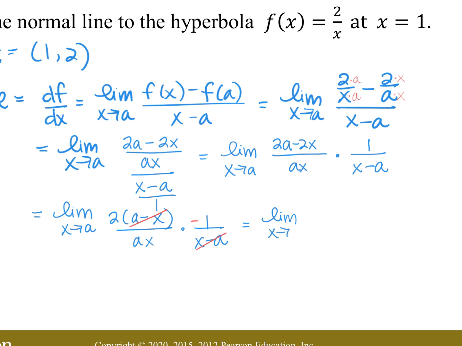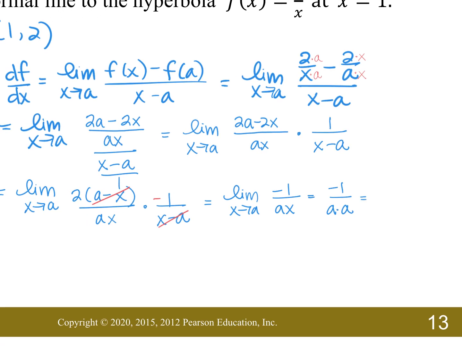So I'll have negative 1 as my numerator and ax as my denominator. Then I'll plug in a times a, or negative 1 over a squared. This is called the derivative. Oh, I'm sorry.